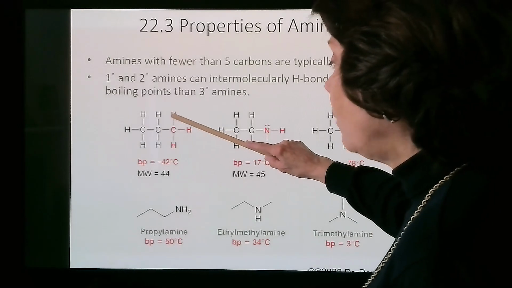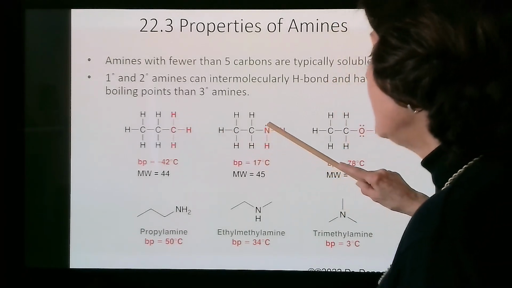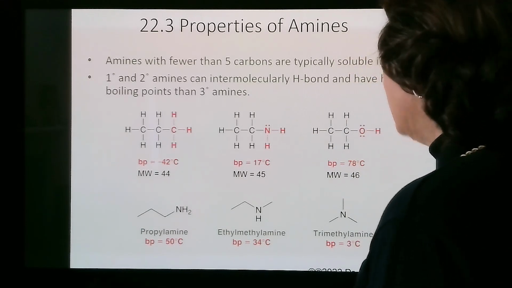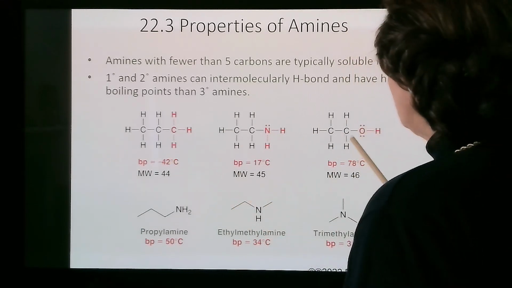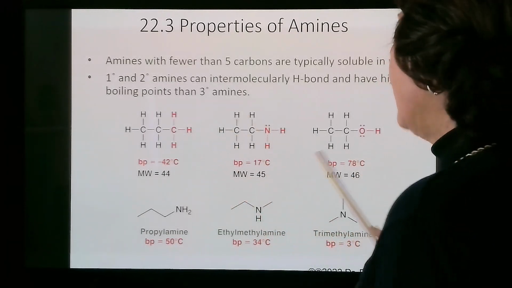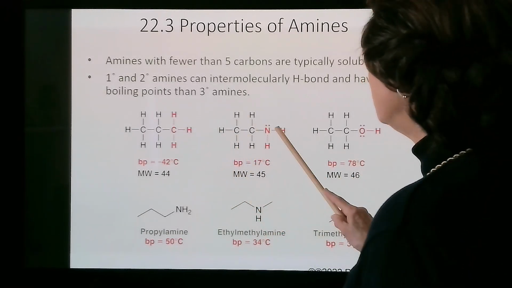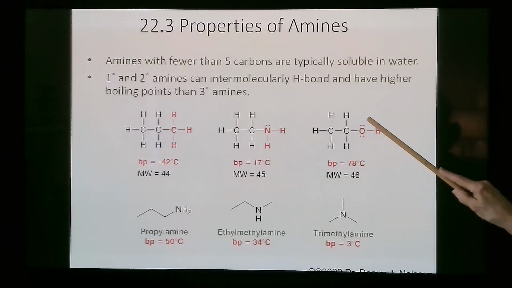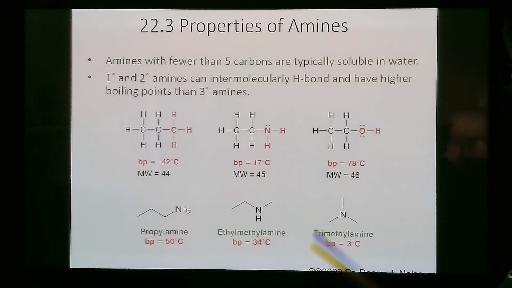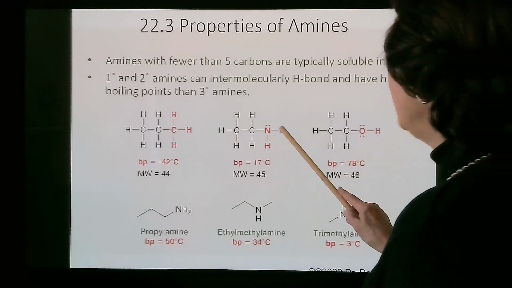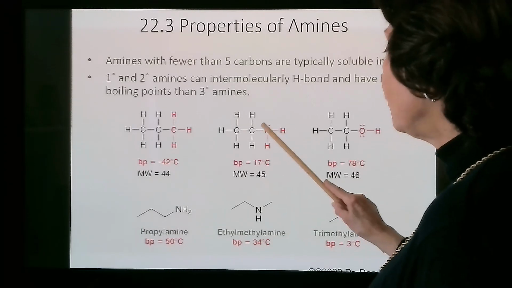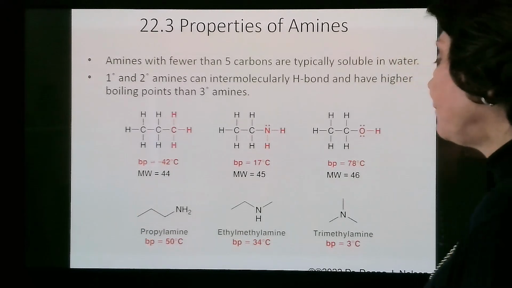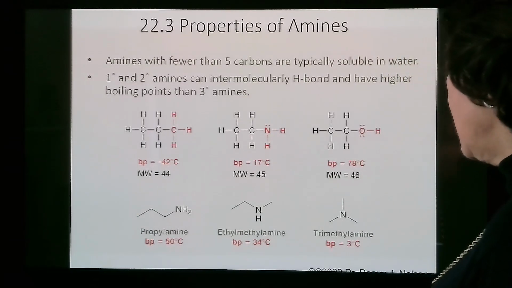Here you can see what we're actually comparing is CH3 versus NH2 versus OH. You can see that the boiling point is increasing greatly as we go from carbon to nitrogen to oxygen. That's because here you're going to have a great deal of strong hydrogen bonding, here you're going to have less hydrogen bonding, and here you will have no hydrogen bonding.